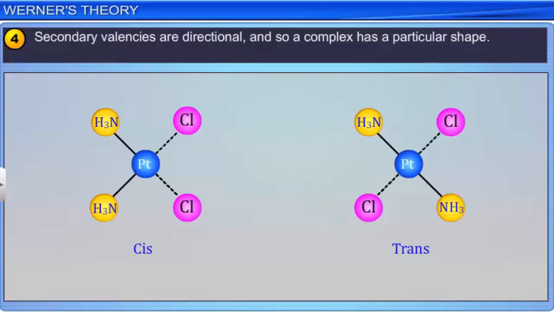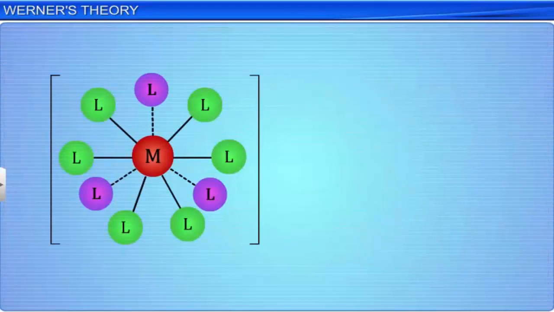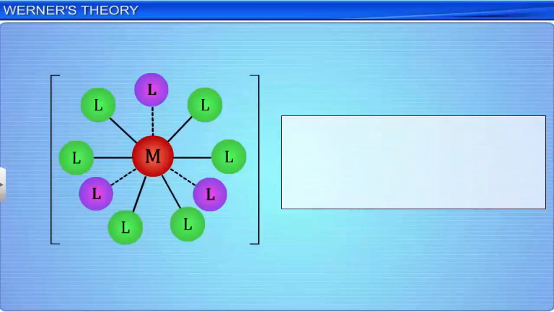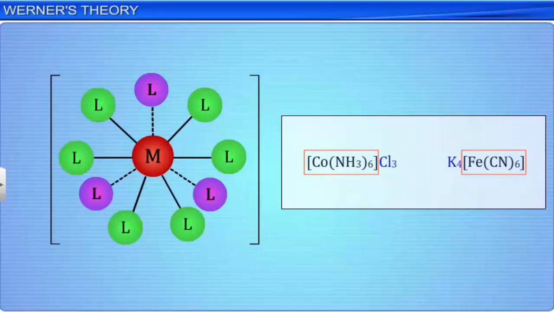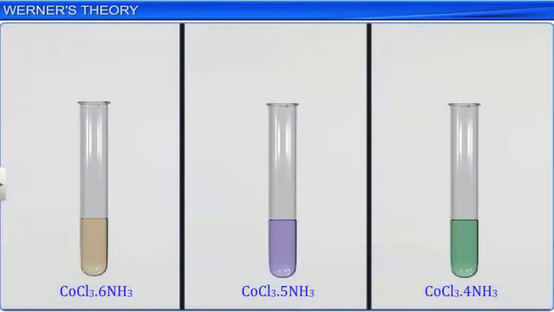To distinguish between the two types of valencies, Werner introduced the concept of using square brackets to enclose the atoms that make up a coordination complex and which are, therefore, not ionized. The postulates of Werner's coordination theory were actually based on experimental evidence rather than theoretical.